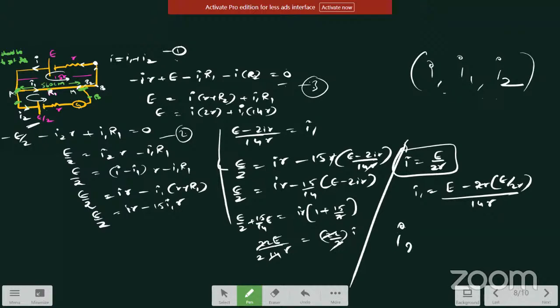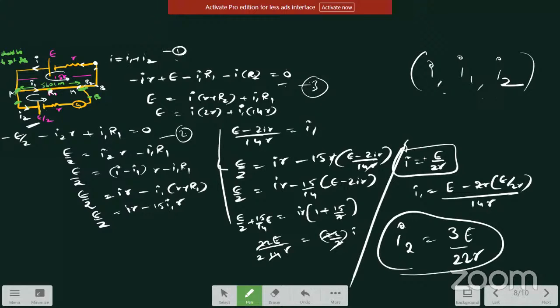Answer: you will get I2 to be 3 by 3E by 22R. But here I am getting I0. That is where I am stuck. Even if I put I0, I1 I am getting 0, then it will be I equal to E by 2R, which is not acceptable.